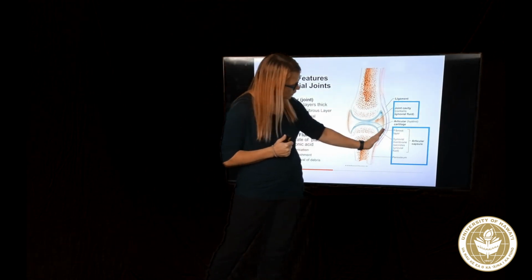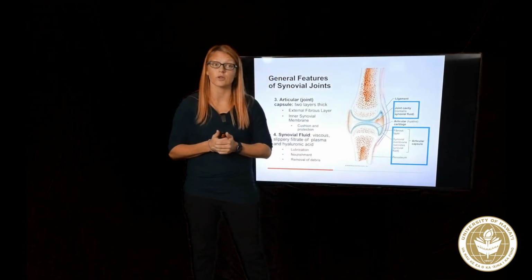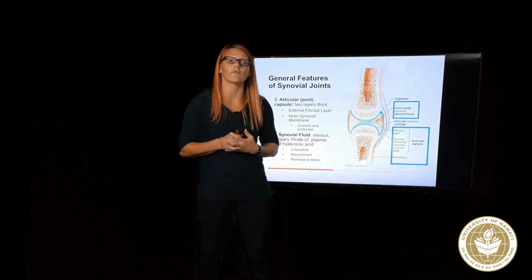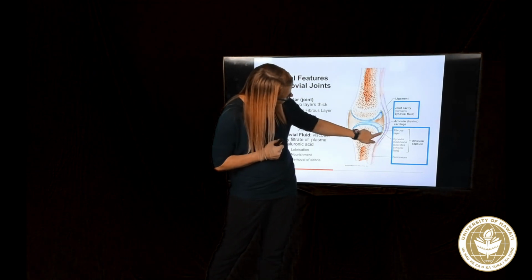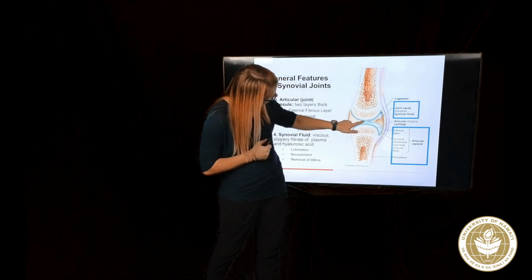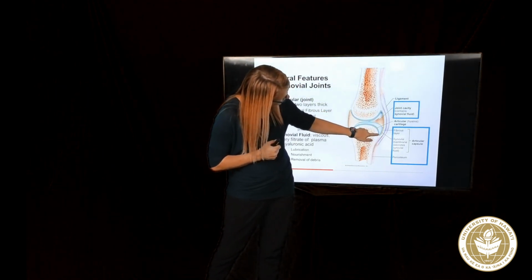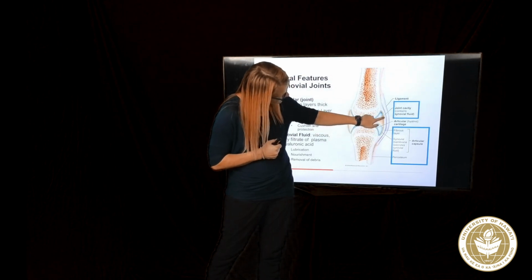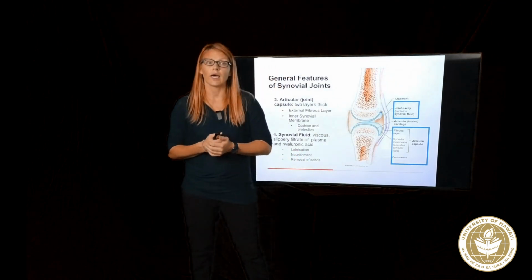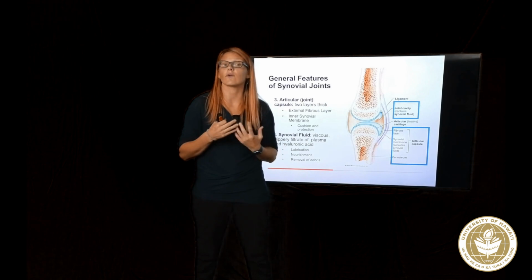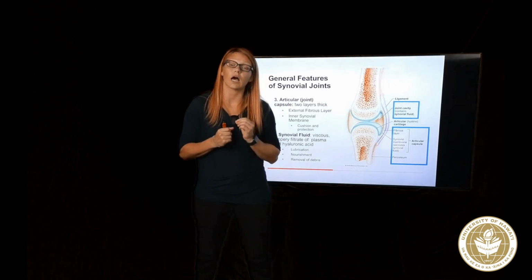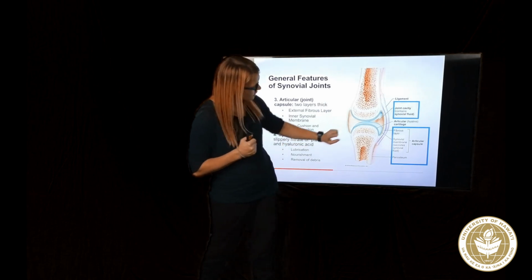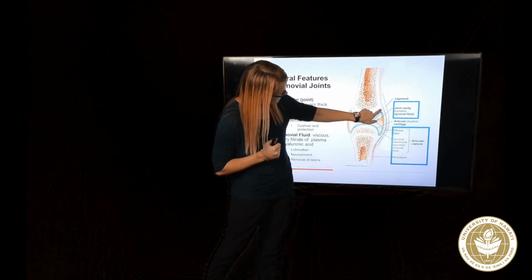So that's this external layer of our articular capsule. We also have an inner layer of that articular capsule, and that layer is called the synovial membrane. And that's that first area that I kind of pointed out right here, right? So in green right there, that's a synovial membrane. And the synovial membrane is going to cover all the internal joint surfaces that are not already covered by hyaline cartilage. So you notice it stops like this, right?